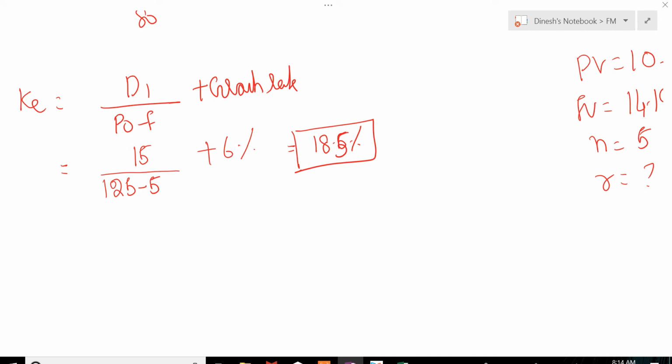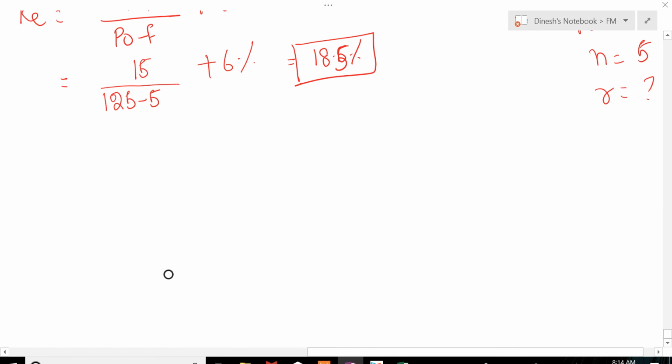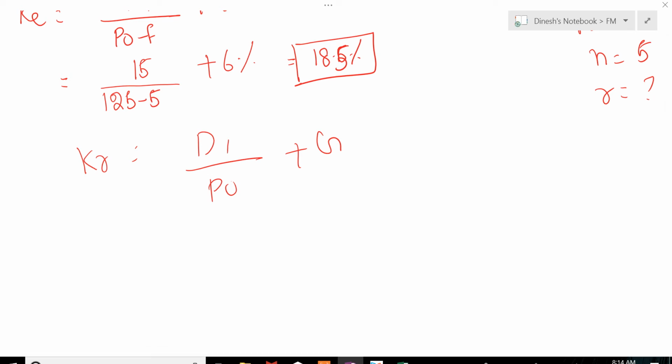Now the only thing is, Kr will become equal to D1 by P naught. Same thing, P naught will be the same value, just that you will not do minus flotation cost. P naught will be the same as what you have written above. You are not going to change all of that. The rules remain the same. Issue price not available, current market price not available, you go to the historical values and do it. D1 by P naught plus growth rate.